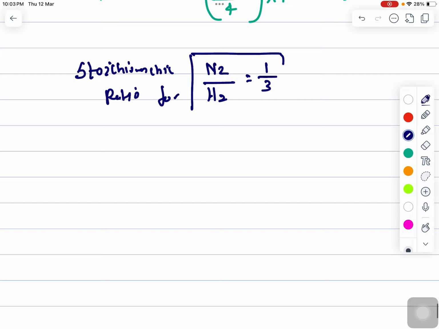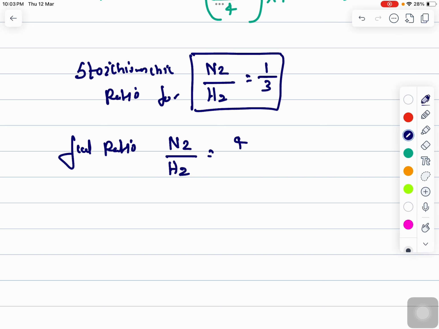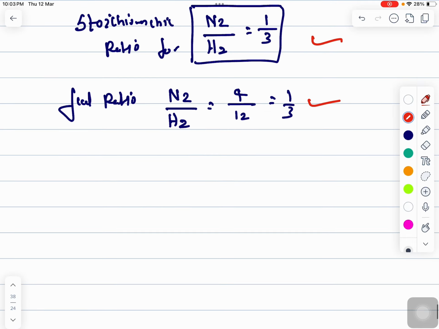And the feed ratio for nitrogen to hydrogen was also 4 by 12, that is 1 by 3. So the stoichiometric ratio matches the feed ratio, that's why no one will be in excess.